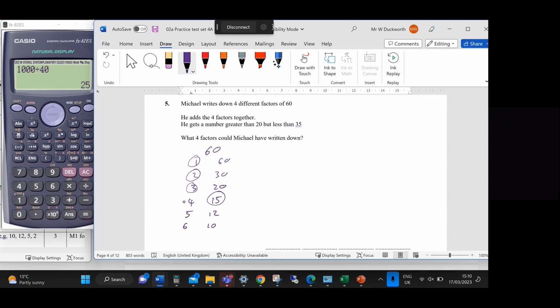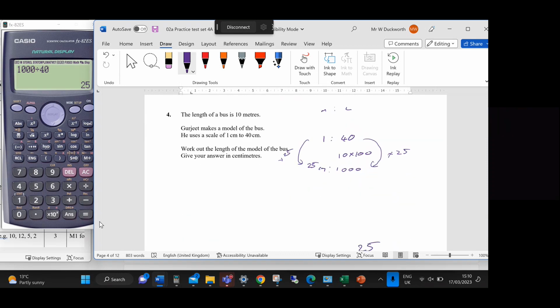So those 4 would work, but there's going to be quite a lot of options. Provided you've got 4 factors that add up to a number greater than 20 but less than 35, you'll be absolutely fine. I suggested 1, 2, 3, and 15. The mark scheme might have all of them, but I'm going to stick with those for now.